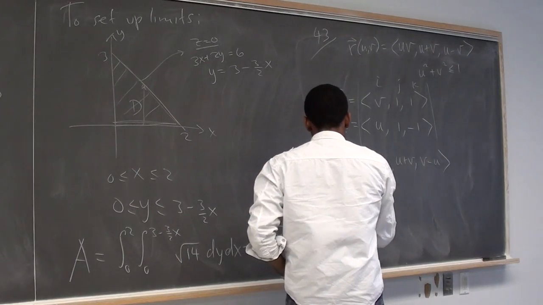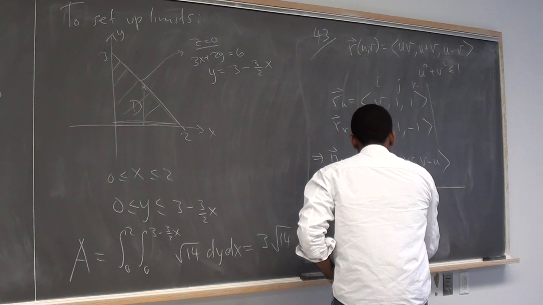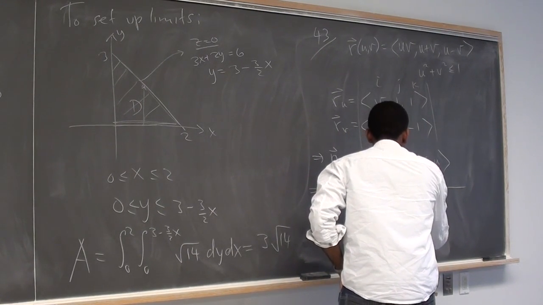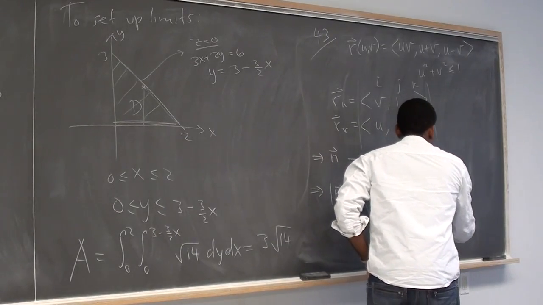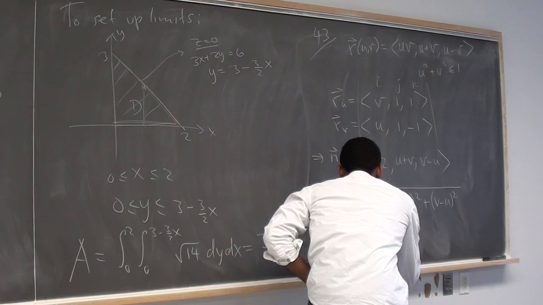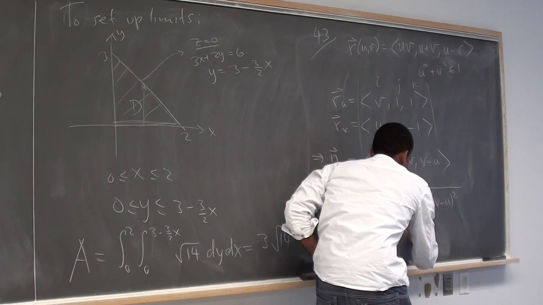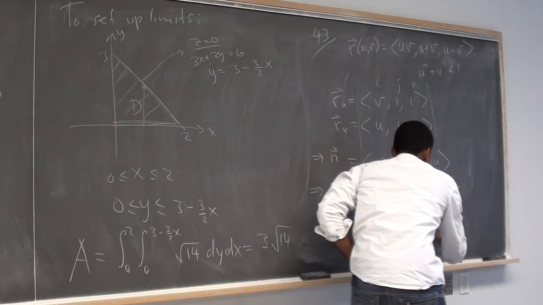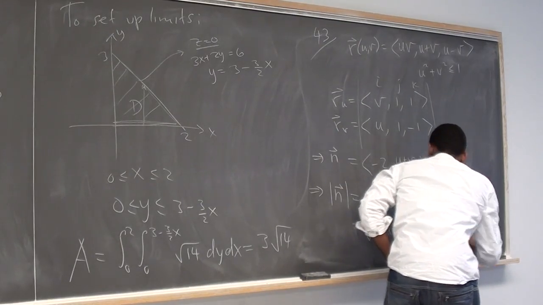This implies the magnitude of my normal is going to be the radical of 4 plus (u plus v) squared plus (v minus u) squared, which we can simplify. 4 plus u squared plus 2uv plus v squared plus v squared minus 2uv plus u squared.